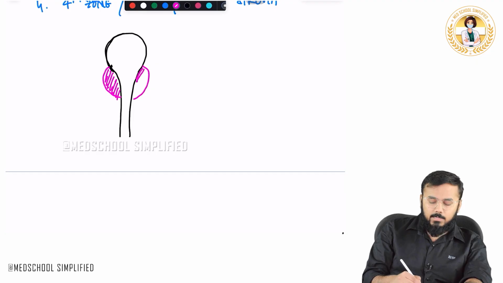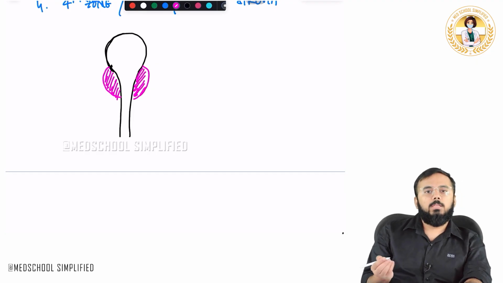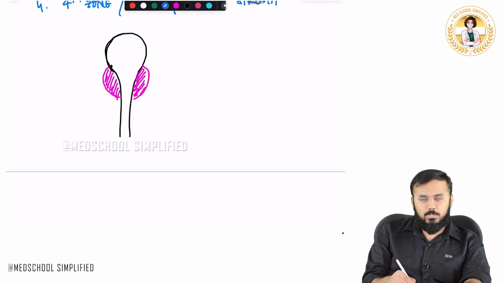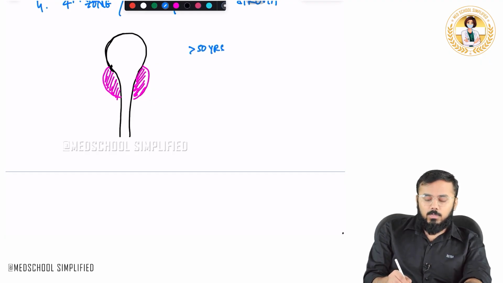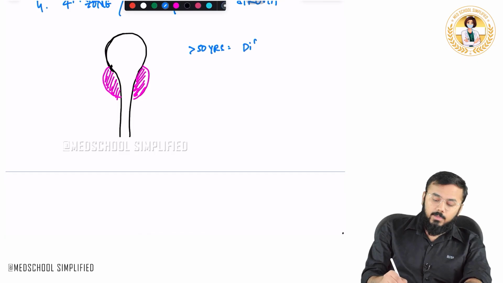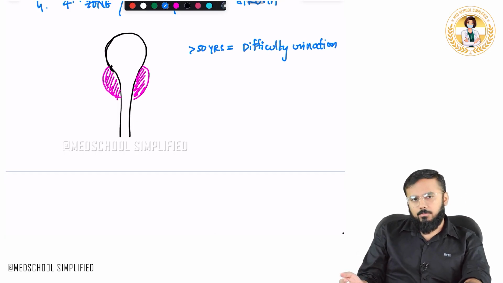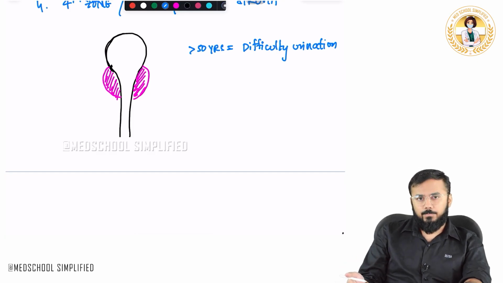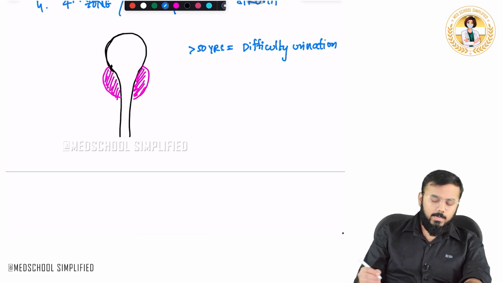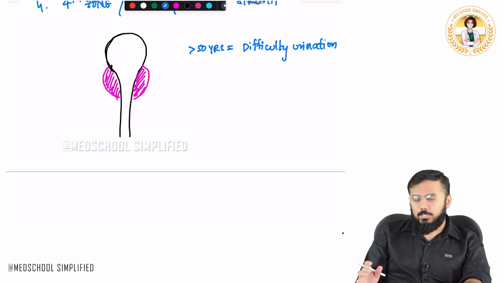Most patients after 40 to 50 years, let us say after 50 years, have difficulty urinating. Most old patients have difficulty with micturition, I mean urination. The reason is that the prostate gland is enlarged in them.